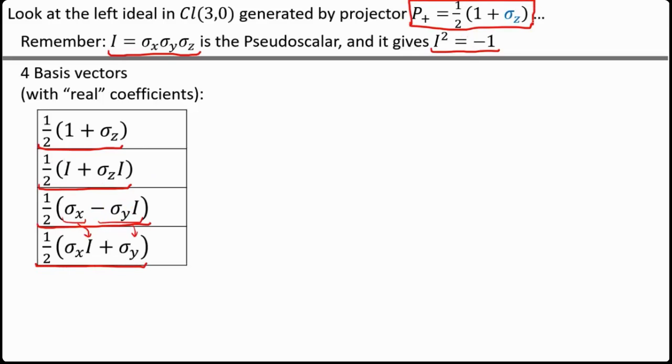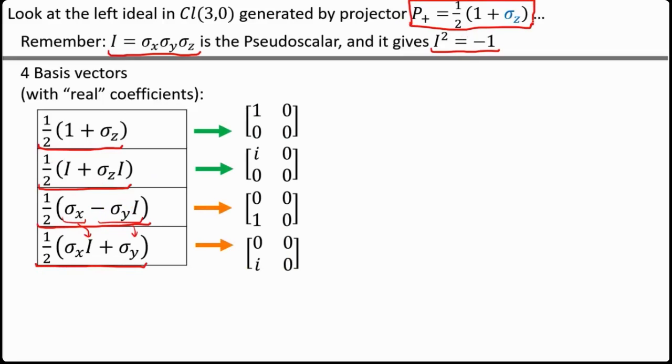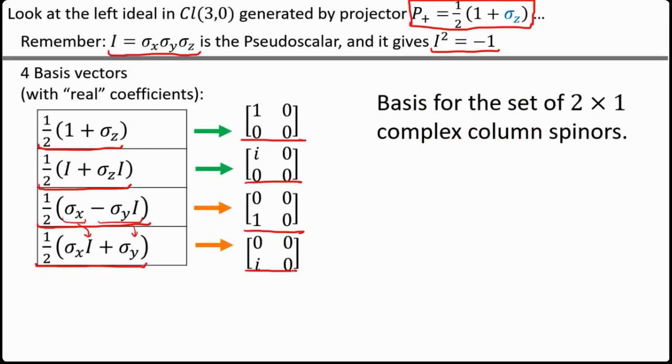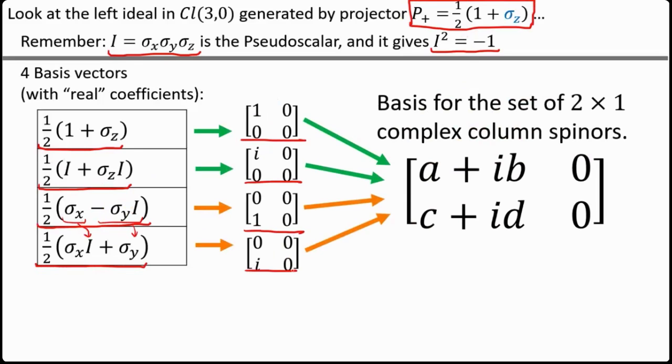So what do these matrices look like? They're not that hard. They just look like this. I'm sure the symbols look pretty scary, but the matrices are really easy. It's just 1 in the top corner, I in the top corner, 1 in the bottom corner, I in the bottom corner. So altogether, this is like a 4-dimensional real space, or a 2 complex dimensional space.